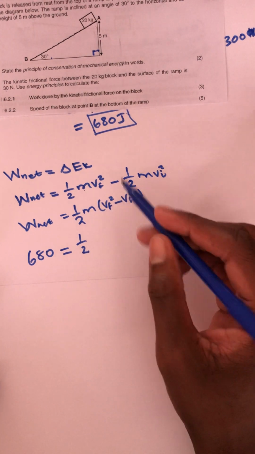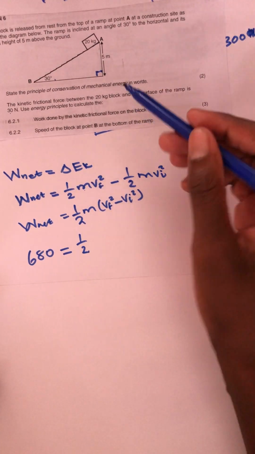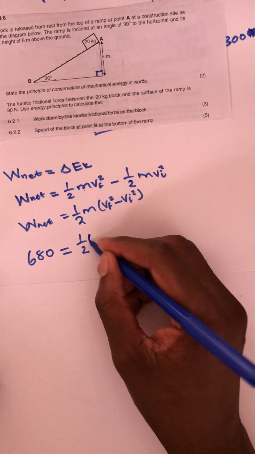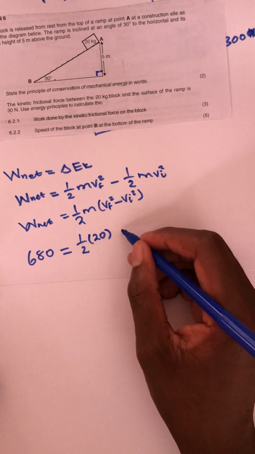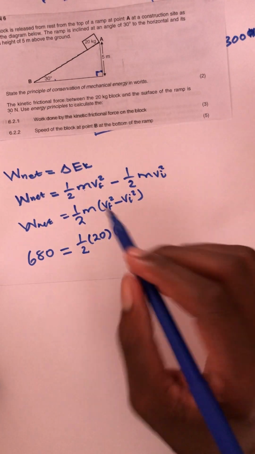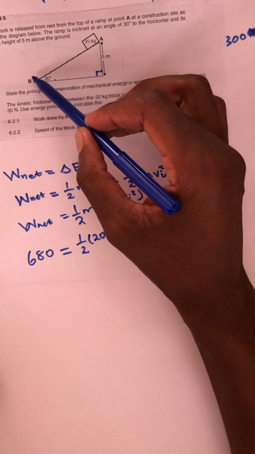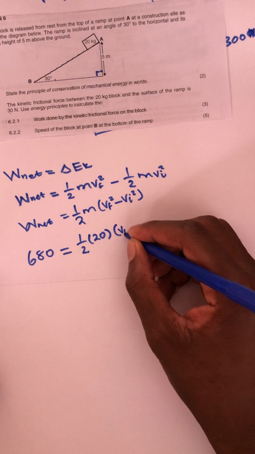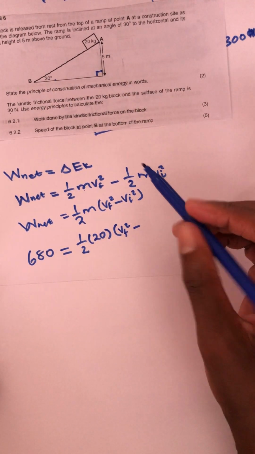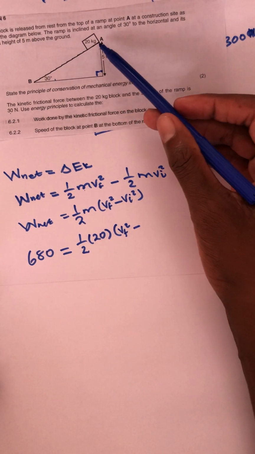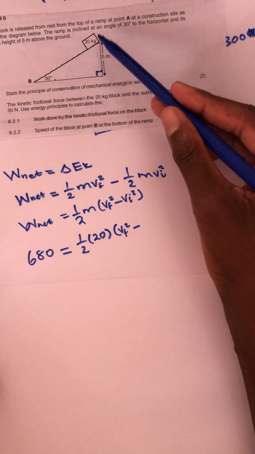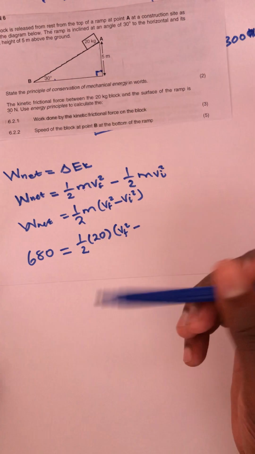So 680 joules is equal to 1/2. What is the mass of an object? The mass of an object is 20 kg. So we put 20. Then the final velocity of the block at point B, this is what we are looking for, minus the initial velocity of the block, which is 0 at the top. Remember, it was released from rest.